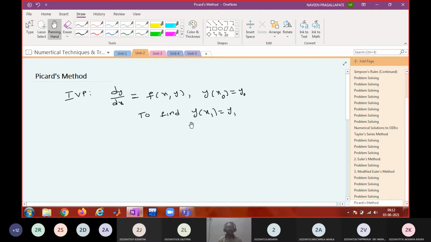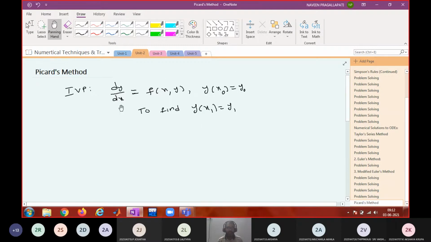But here you will be computing this value only after finding y in terms of x. Here the unknown is y, which we are going to find first in terms of x. Then whatever value you substitute there, you will get the corresponding value of y. It is similar to the modified Euler's method derivation.